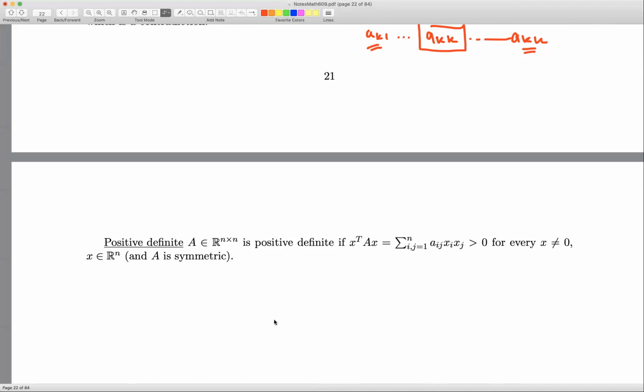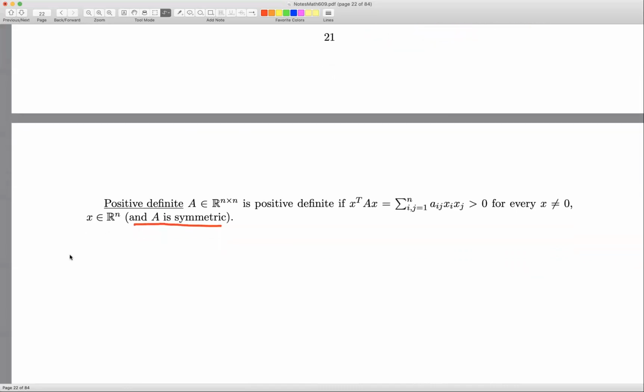Some books, in addition to that restriction, require that the matrix A is symmetric, and in some books they have only this definition. I will explain to you why; this is also associated with a problem from your homework.